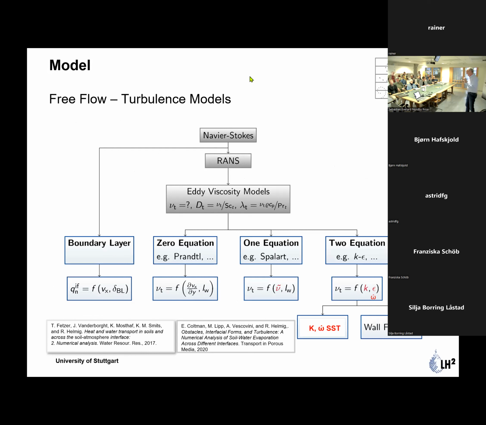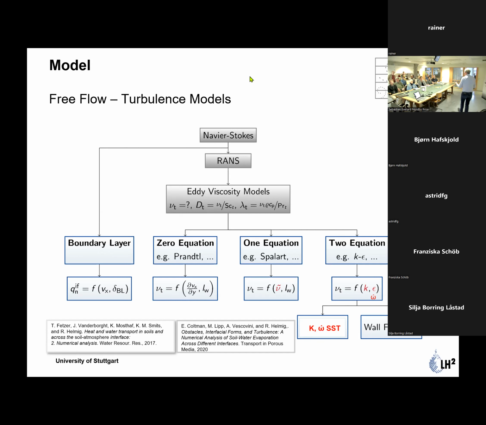So, and then we used, for the experts, an SST model. That means at the wall, we have wall functions, or the k-omega model. The k-omega model is really a model that handles the transfer from the laminar into the turbulent. That means near the interface from the porous to the free flow. And the k-epsilon model is a turbulence model that is not suited for processes at the interface, the transfer from the laminar to the turbulent.